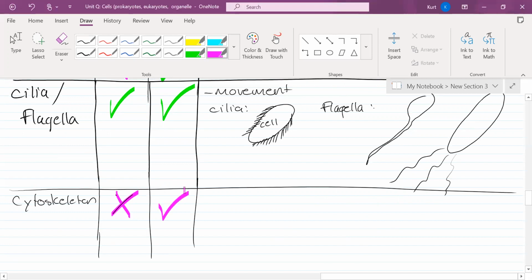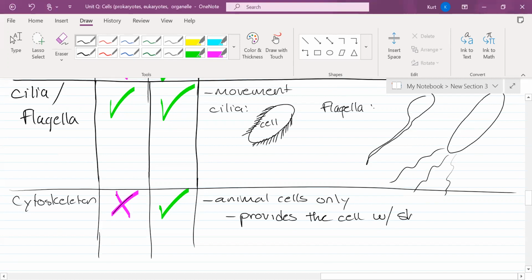It is found in animal cells, or excuse me, eukaryotic cells, but I do want to indicate that it's animals only. It provides the cell with shape, structure, and support.